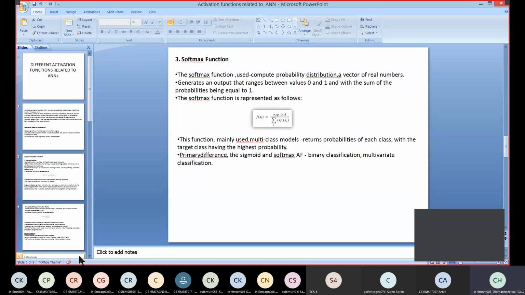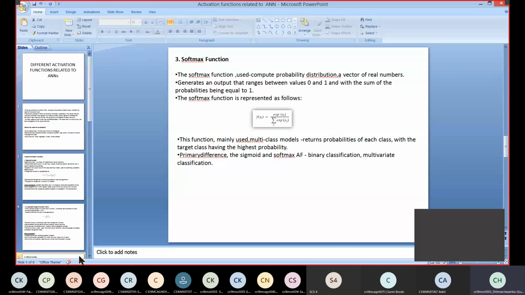This function is mainly used in multi-class models, and it returns the probability of each class with the target class having the highest probability. The primary difference between the sigmoid function and the softmax activation function is that the sigmoid function gives binary classification, while the softmax activation function gives multivariate classification.